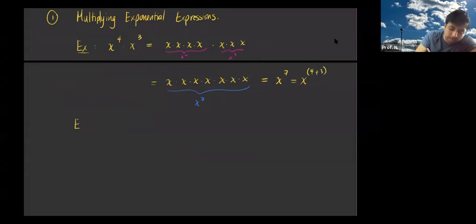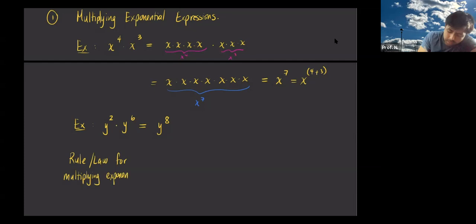Another example would be y squared times y to the 6th. What's the result going to be? Y to the 8th. So then what's the law for multiplying exponential expressions with the same base?